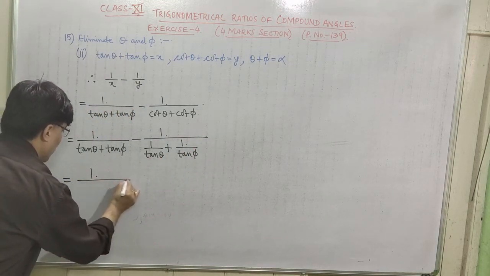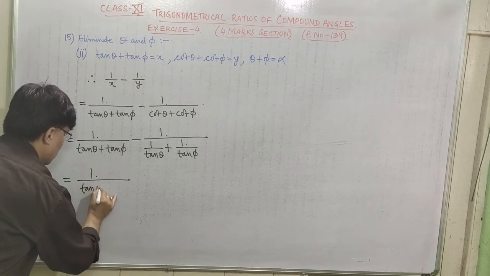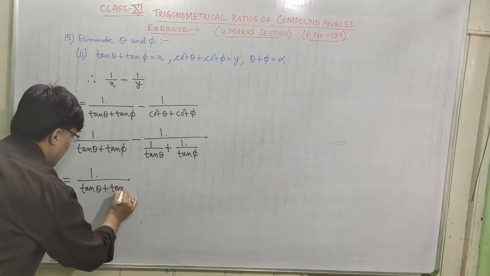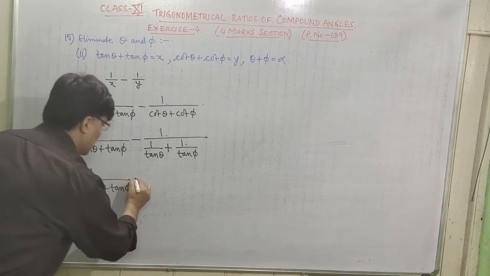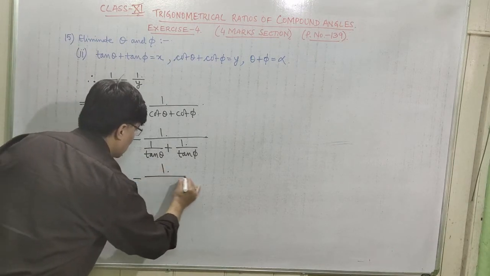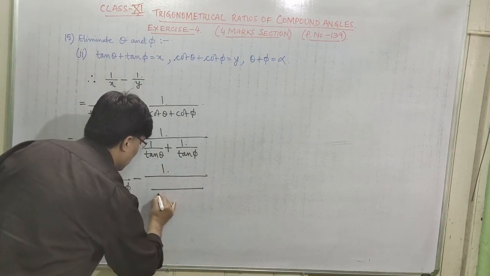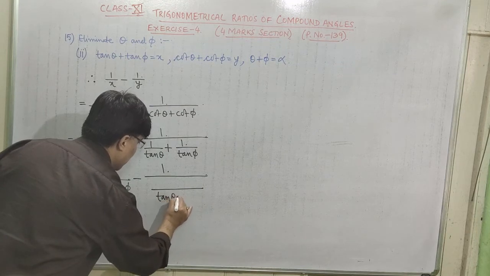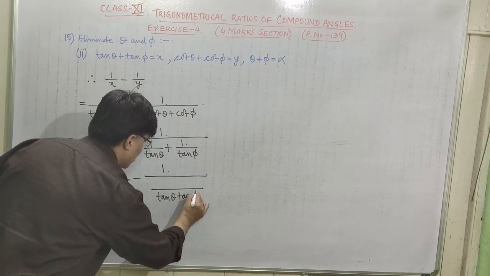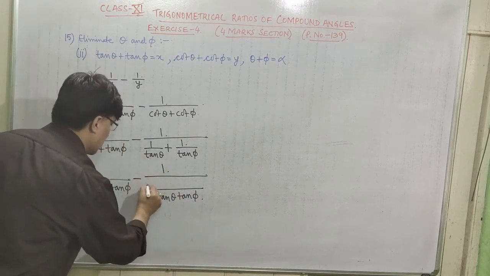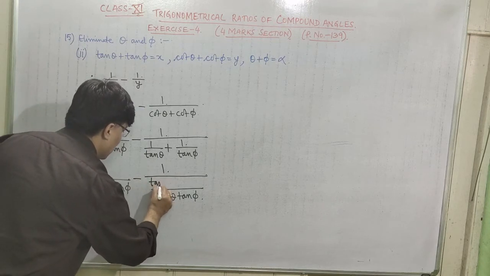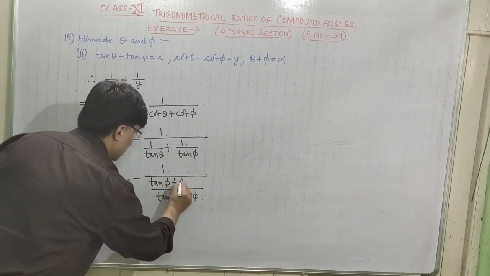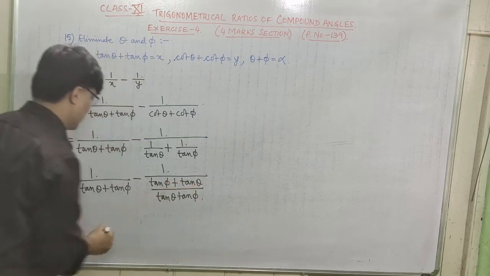So it is 1 upon, this is your tan theta plus tan phi, right? Minus 1 upon, what's the LCM here? LCM here is tan theta tan phi, so it is tan phi plus tan theta. You know how to simplify it, right?